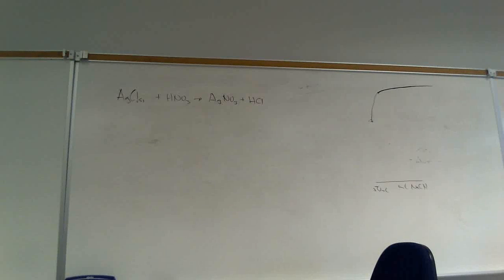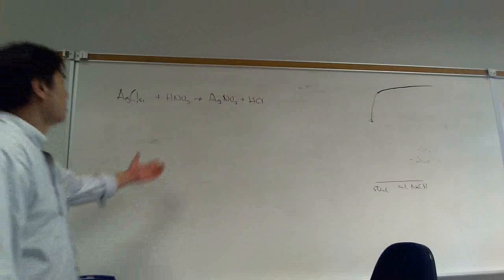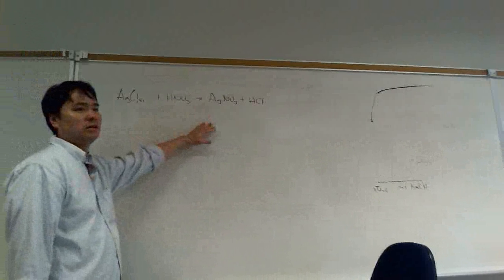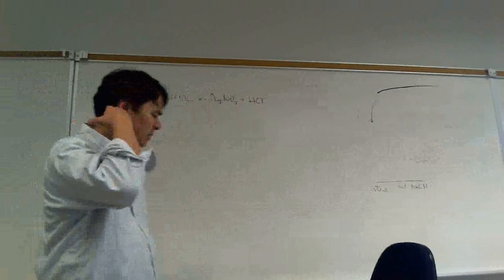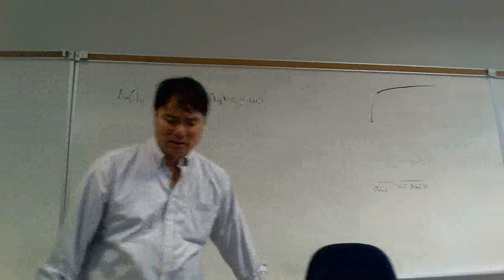No. No driving force for this. And so it didn't seem like I could use acid to dissolve this because of the leveling effect here, because all strong acids are the same strength. And so I gave up on this route.